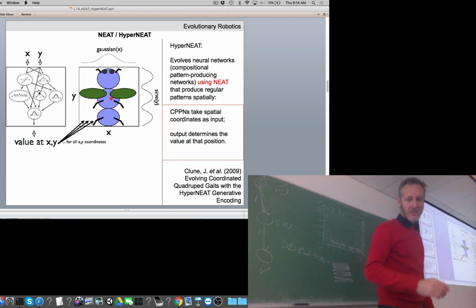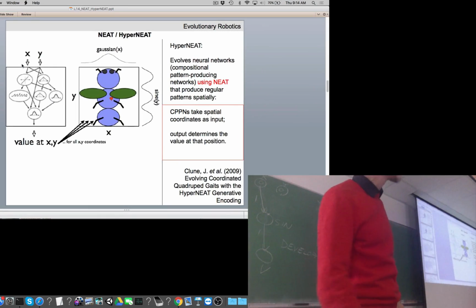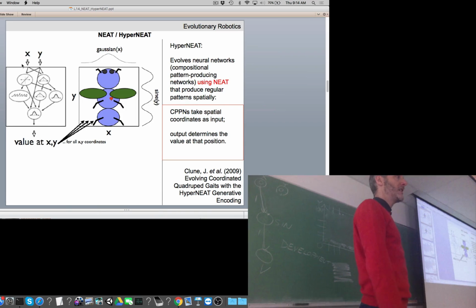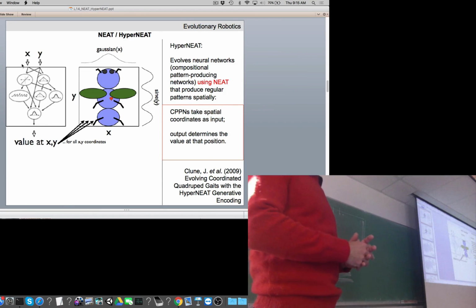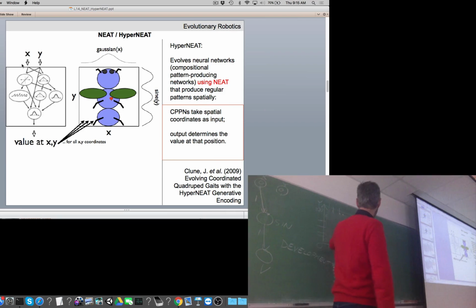And again, I apologize that I can't run PickBreeder for you. You would start to see these regular patterns emerging as these images evolve over time. So HyperNeat was created to try and bias evolution towards painting regular patterns in two-dimensional space.